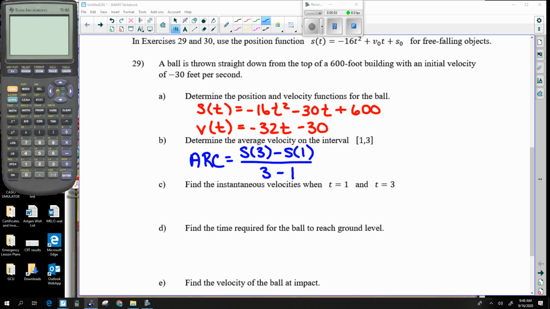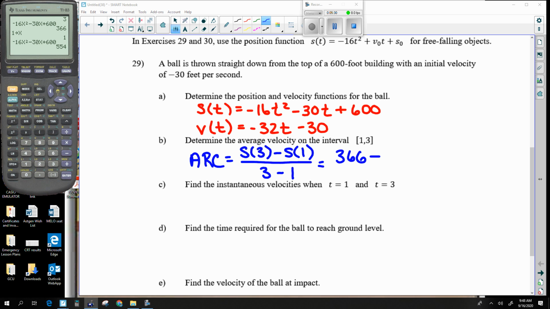So I am going to plug this into my calculator. I'm going to store 3 as x and put it into the position. So negative 16x squared minus 30x plus 600. So that's 366 minus the position at 1. So 1 store x, second enter, second enter.